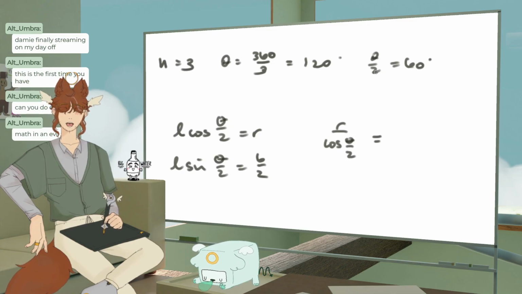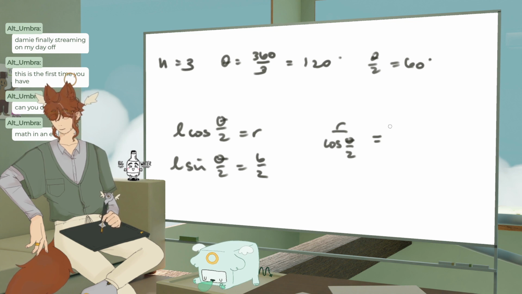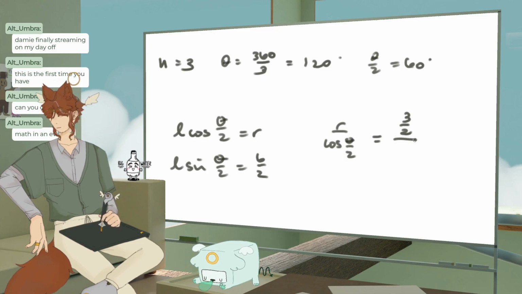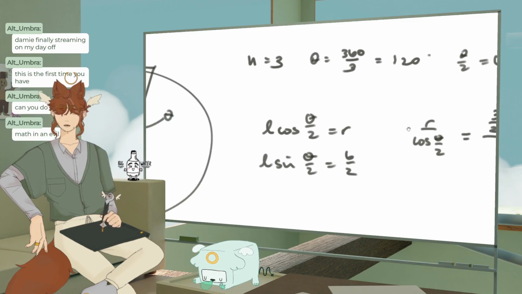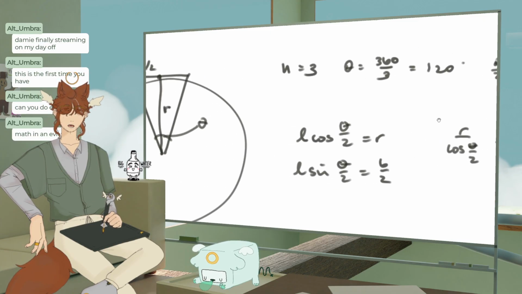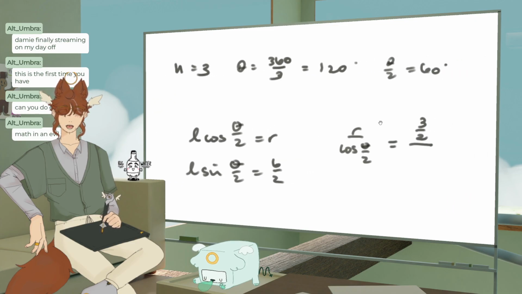I'm gonna make all my variables numbers. So 3 over 2. Oh wait, this is just law of sines and cosines, isn't it? No? I feel like I'm actually doing math in an evil way. This feels like not right.